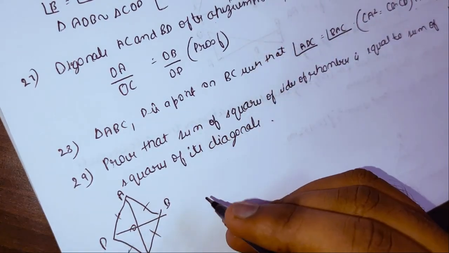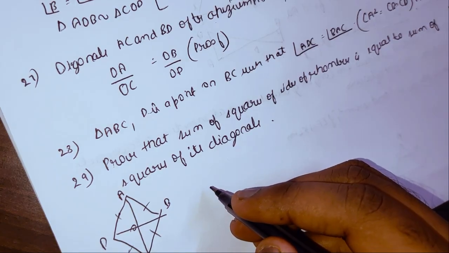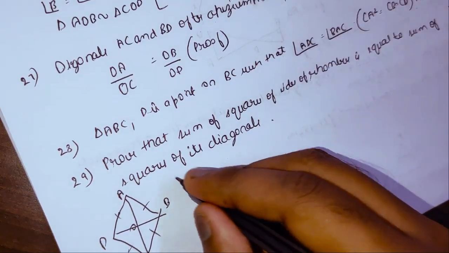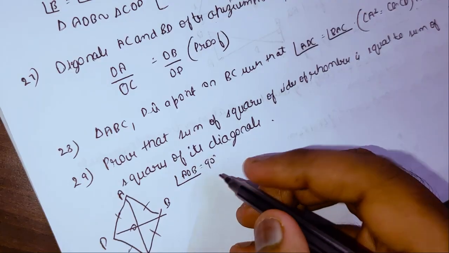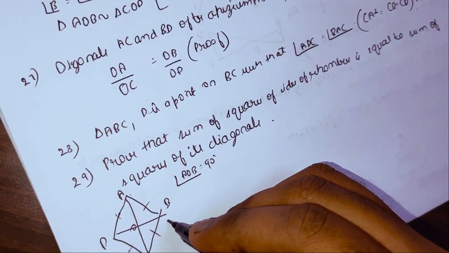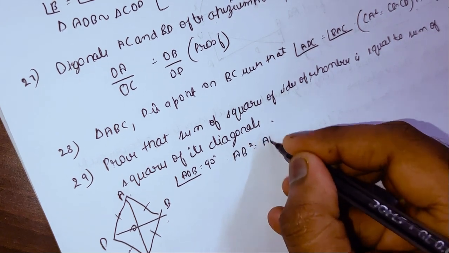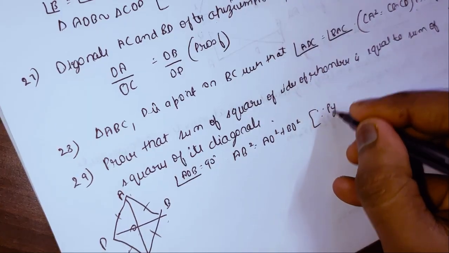Here it is given that sides of a rhombus are equal. So diagonals AC and BD intersect perpendicularly at O. Angle AOB is 90 degrees. In right angle triangle AOB, AB square is equal to AO square plus BO square by Pythagoras theorem.